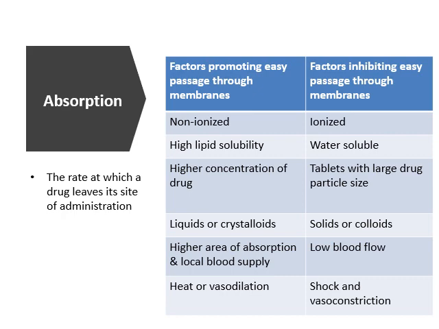Absorption is defined as the rate at which a drug leaves its site of administration. Membrane transport occurs when drugs cross cell membranes by simple diffusion, by facilitated or carrier-mediated transport, and by active energy-dependent transport. We'll talk about each of those separately.